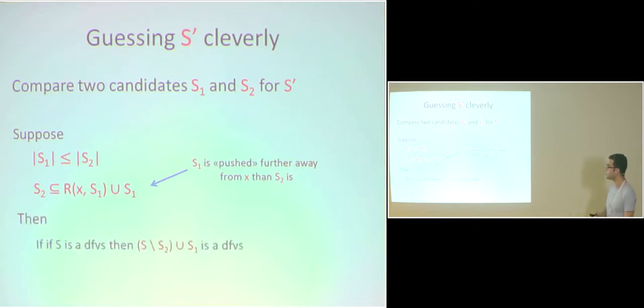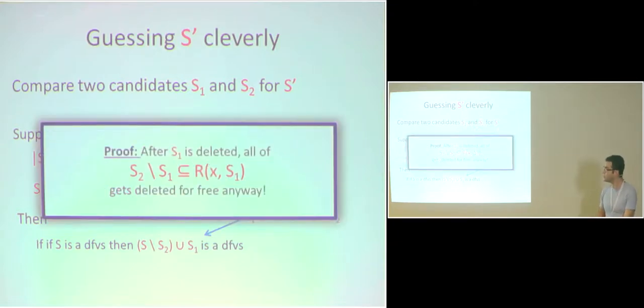So what does that mean? I claim that if I have some set that is a feedback vertex set, and in that feedback vertex set I'm deleting S2, then instead of deleting the S2 vertices, I could just as well be deleting the S1 vertices. So S1 is a better candidate for a separator than S2. Why is that?